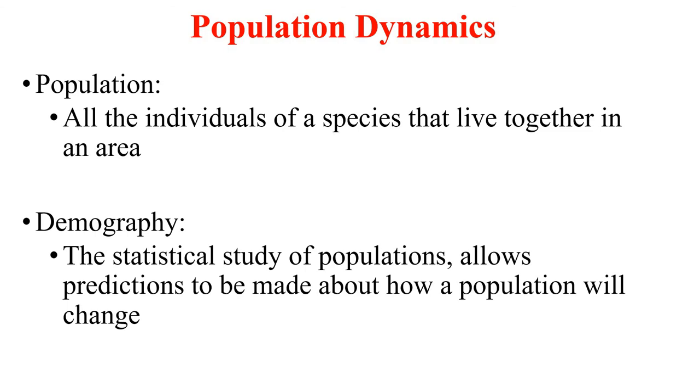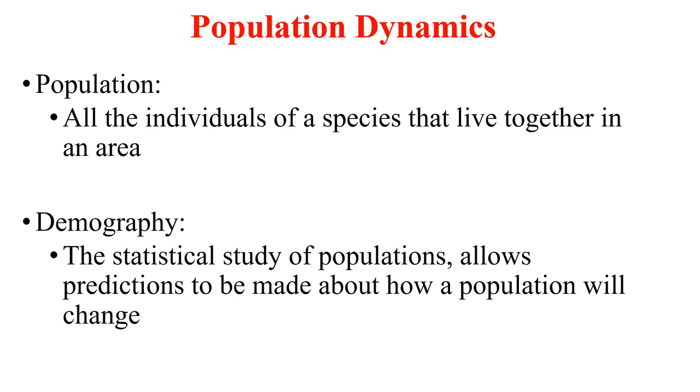Now we'll consider the basic thing, that is definition of population, that is nothing but all individuals of a species that live together in a particular area. How do we define a population?